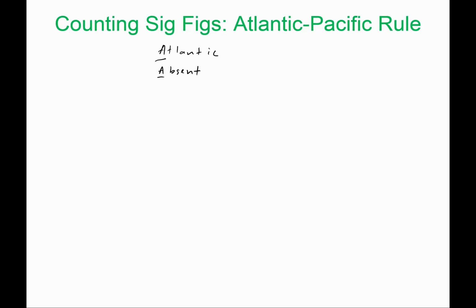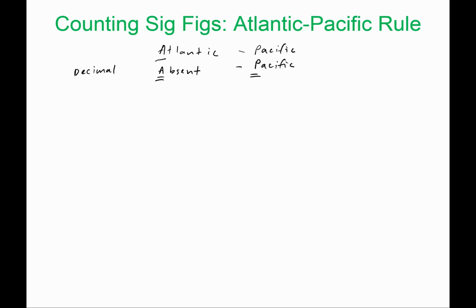So if the decimal point is absent, then you start counting digits, the first non-zero, from the Atlantic side of the number. And if a decimal point is present, you start counting the first non-zero from the Pacific side of the number. Okay, so let's just look at a couple examples.